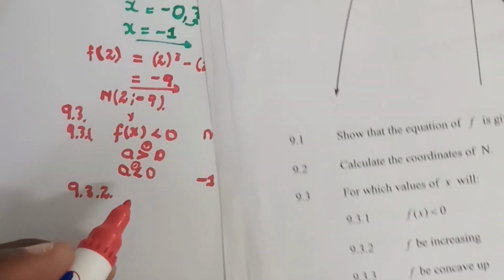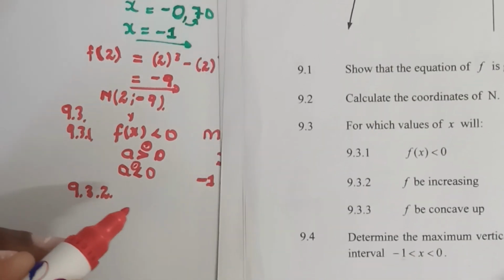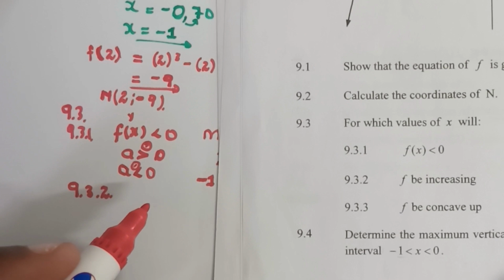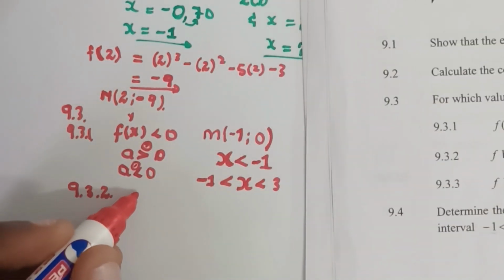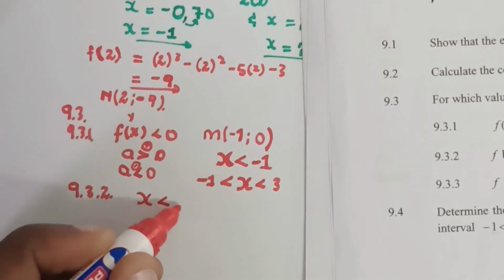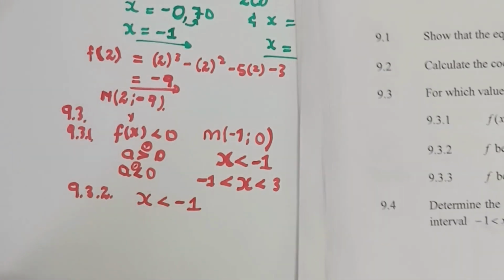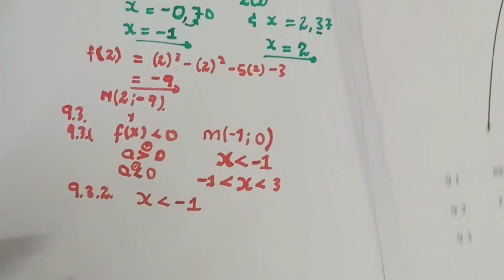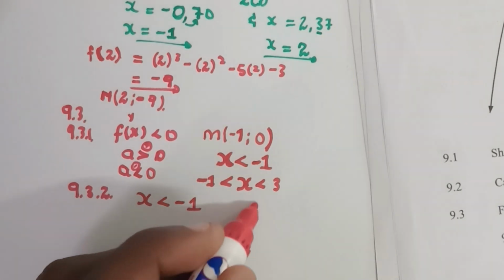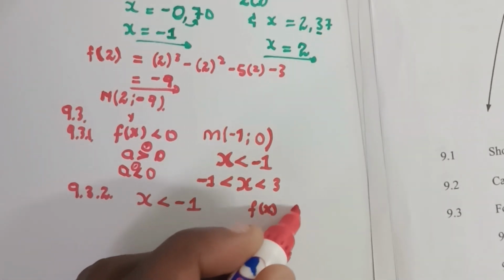So now it's 9.3.2. It says our x value should be less than negative 1 here. Let me say here f of x is increasing.